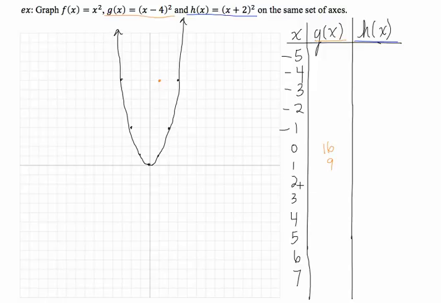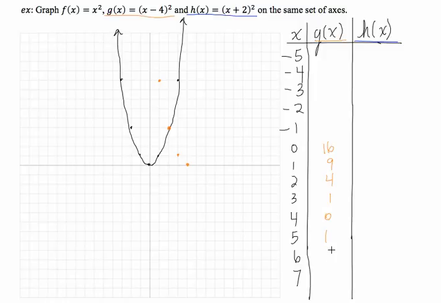Okay, let's plug in 2. 2 minus 4 is -2, squared is 4. If we plug in 3, we get 1. If we plug in 4, 4 minus 4 is 0, 0 squared is 0. And it's starting to take a shape here. If we plug in 5, 5 minus 4 is 1, 1 squared is 1.